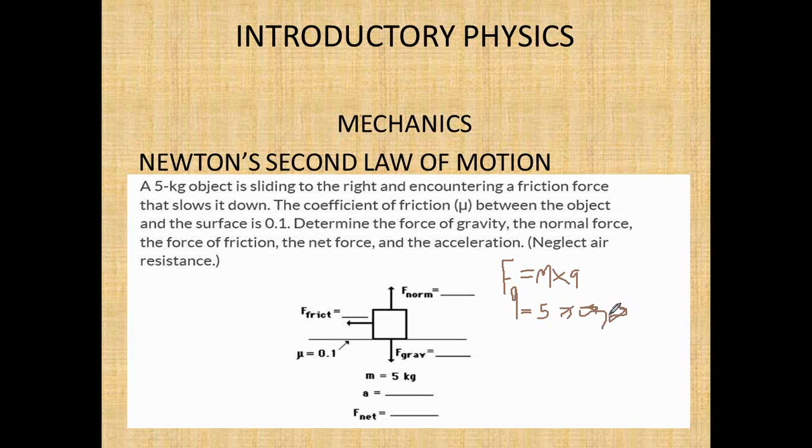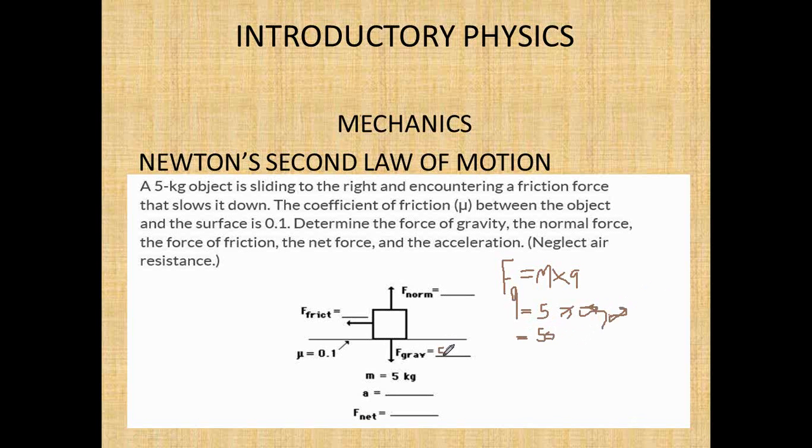So just imagine this is a 9.8. So 5 times 10 is 50. So the force of gravity is 50 newtons.